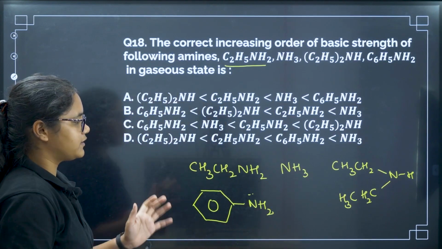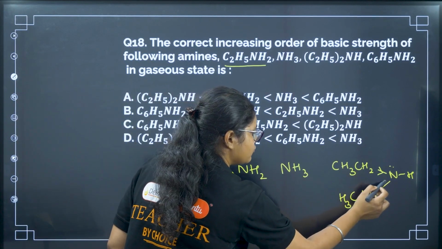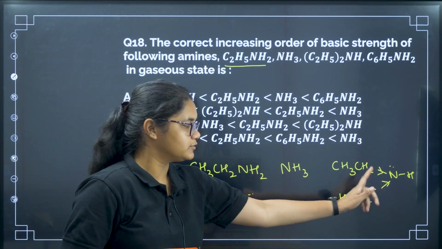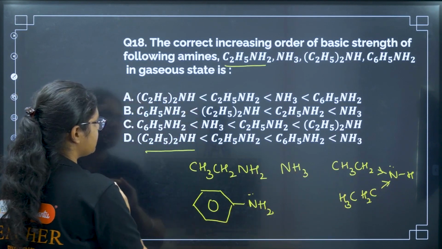Now if you see the structure, you can see here that there are 2 plus I effects. The donation will be more, electron density will increase. So this one will have the highest basicity.